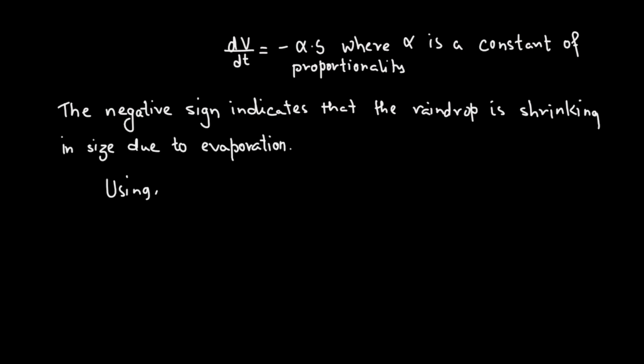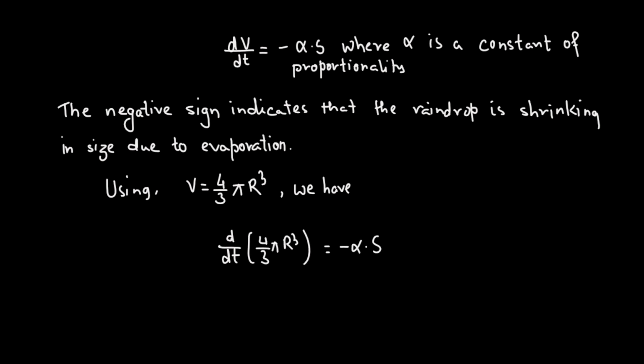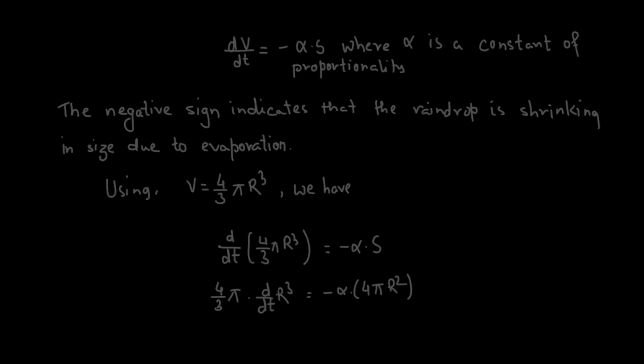Now using volume V equals 4 over 3 pi r cubed, we have the differentiation of 4 over 3 pi r cubed with respect to t equals negative alpha S. 4 over 3 pi is a constant, so we pull it out, and it is multiplied by the rate of change of r cubed, which equals negative alpha times the surface area 4 pi r squared.